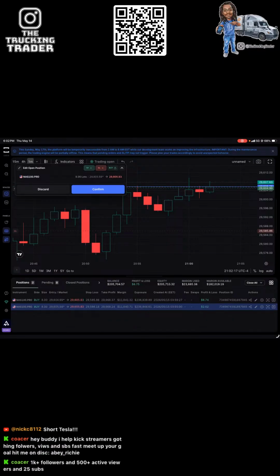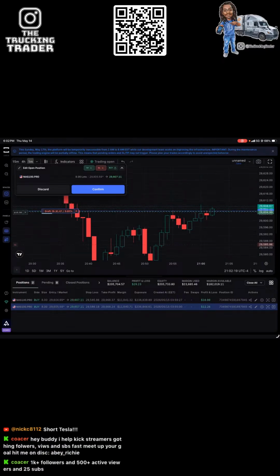Come on, I want to see some power. I want to see some power on this candle, man. This candle is so weak. I just need to see some power pop up.